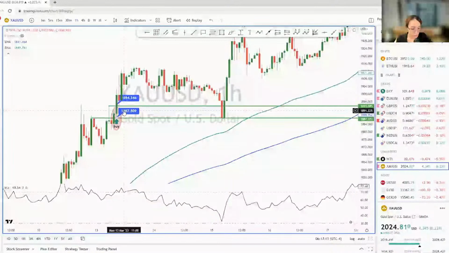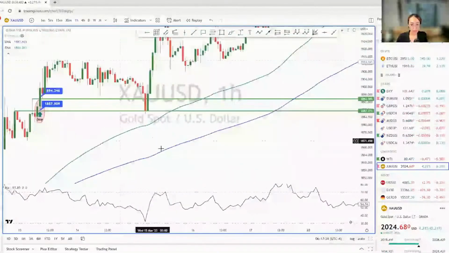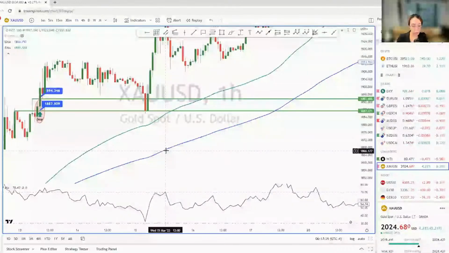How should we understand the green and blue lines? Actually, the color of the EMA you can choose by yourself. You can choose yellow, green, or black. It's up to you. But for me, I know if it's the blue line, it's EMA 200, and if it's the green line, it's EMA 100.